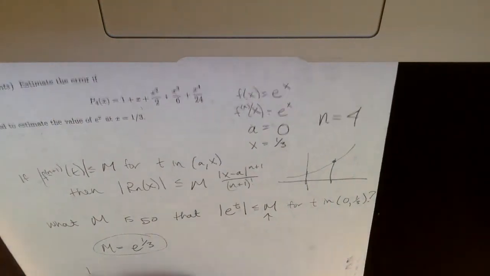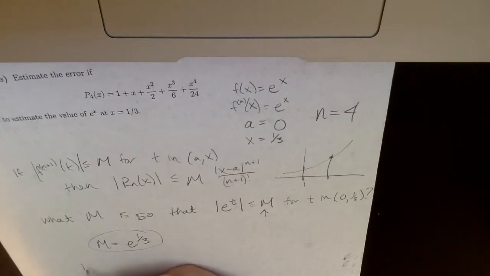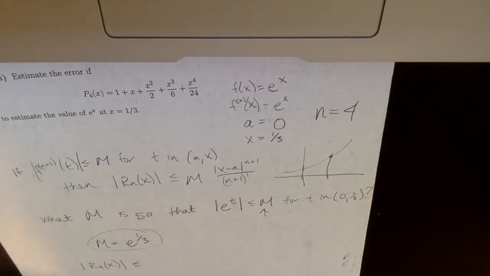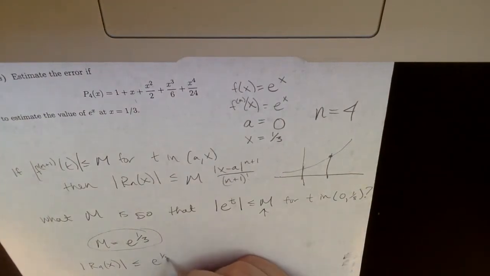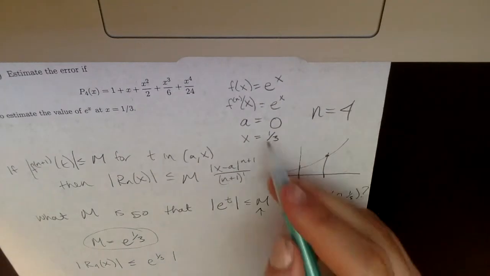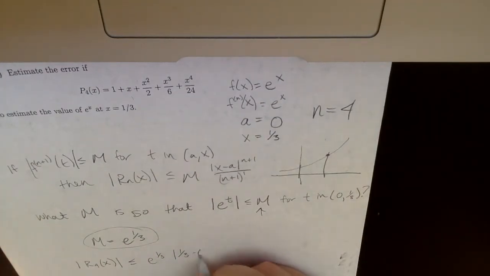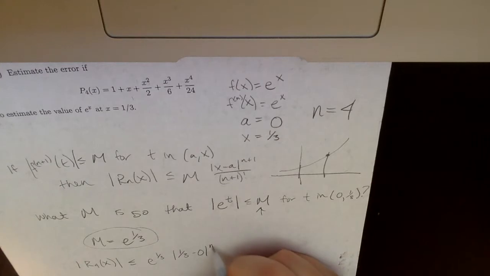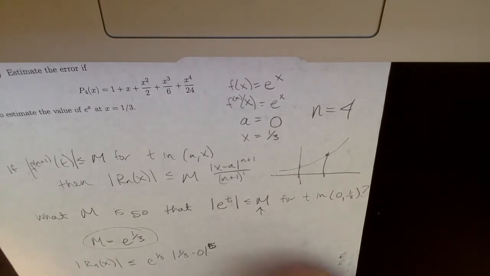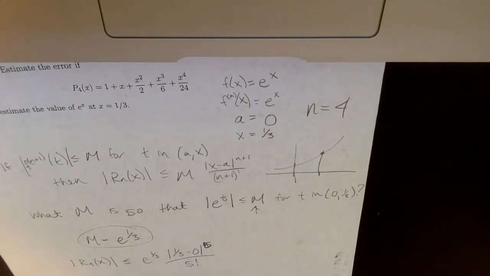So we end up finding out that r sub 4, the error for the polynomial of degree 4 of our function, is going to be less than or equal to m, which is e to the 1/3, times x minus a, which is 1/3 minus 0, to the n plus 1, which is 5, all over 5 factorial.